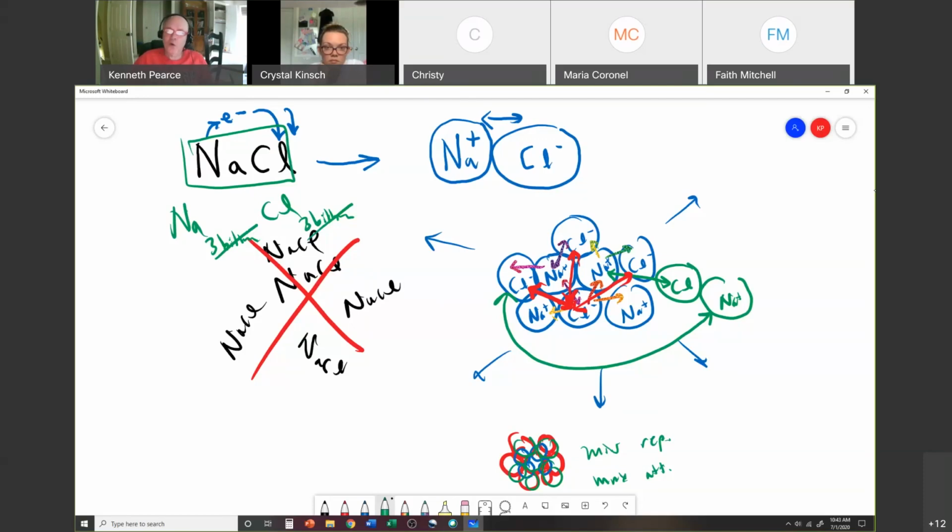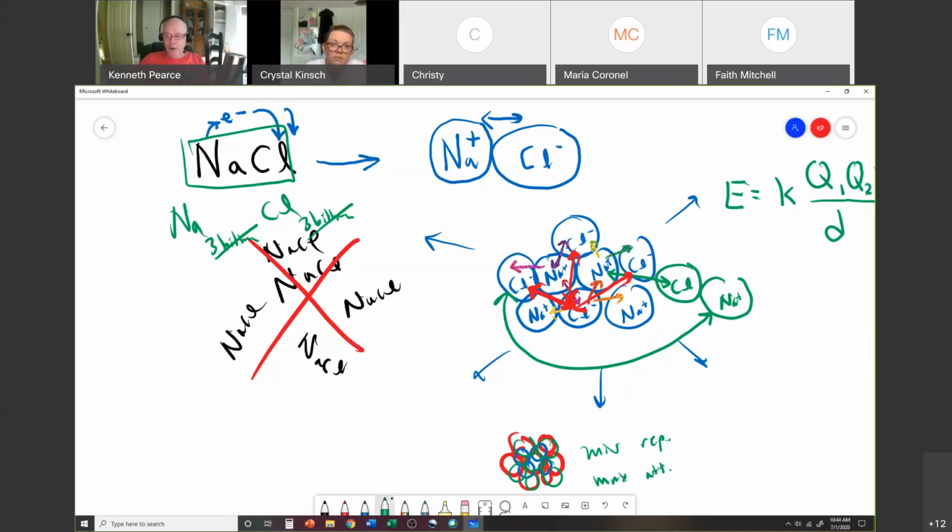Now, the equation that determines all of that is the energy. It's called the Coulombic attraction: some constant, the Coulombic constant, times the charges of each one, over the distance. Okay, it's Q1 Q2 over the distance. So now this is an important equation here.